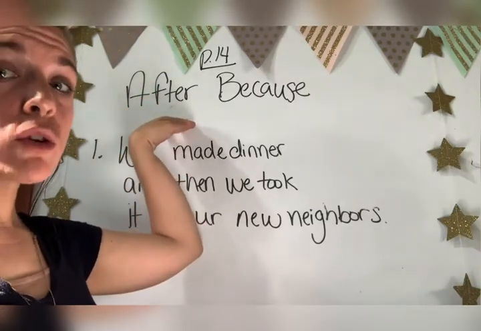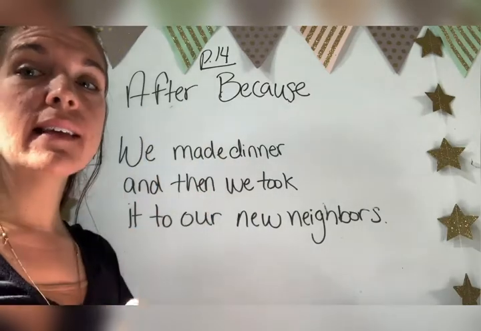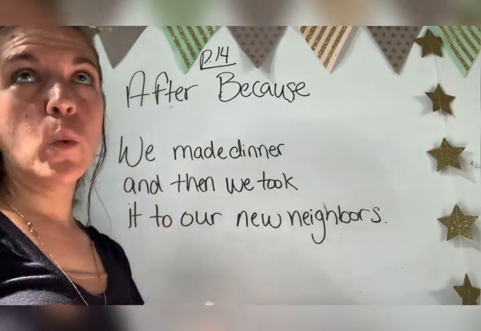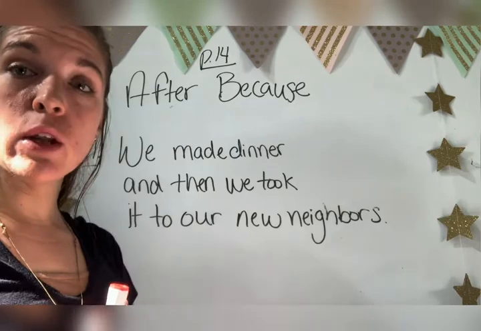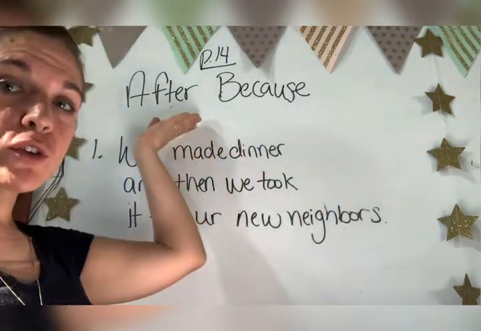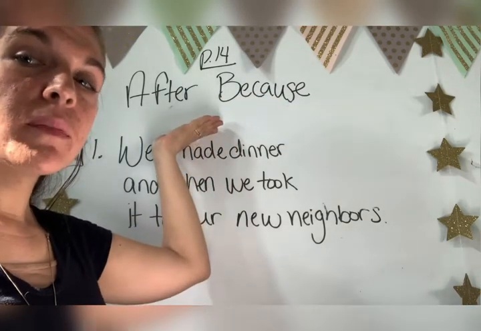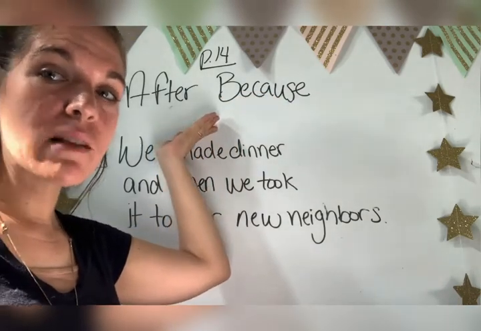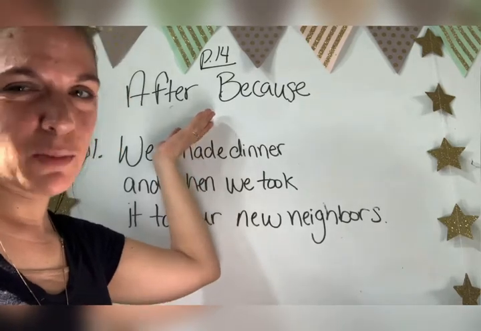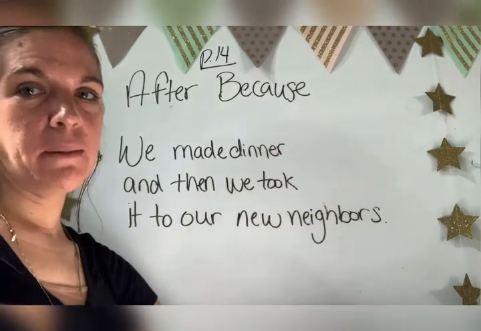Guys, introductory word means that it goes in the beginning of the sentence. You need to decide what word has sentido at the beginning of the sentence, okay? You have after and you have because. After means what in Spanish? Después. Okay, don't say antes, it's después. What's because? ¿Por qué? Okay?